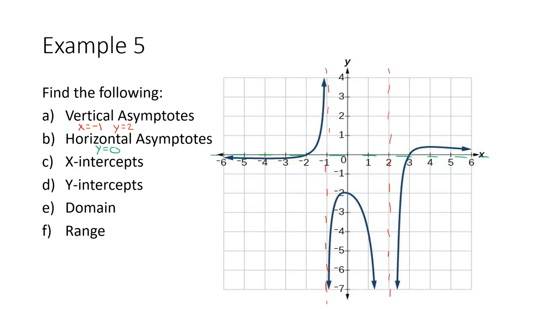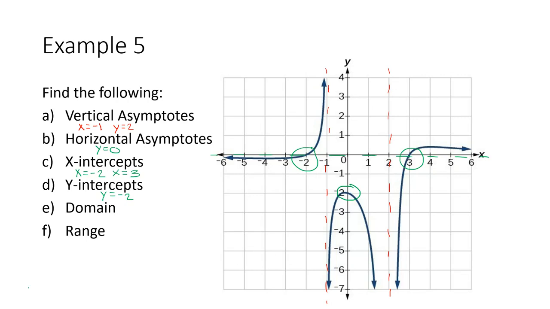Then identifying my x-intercepts, I have one x-intercept right here at negative 2, one right here at positive 3. My y-intercept is down here at negative 2. For my domain, I'm always skipping the vertical asymptotes.